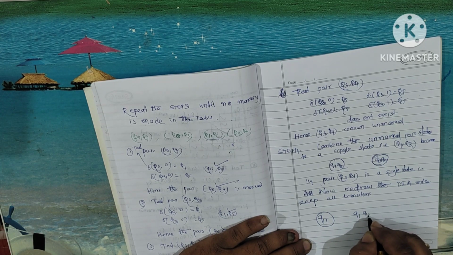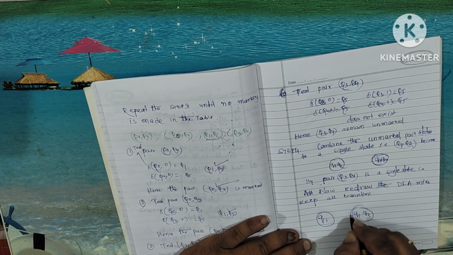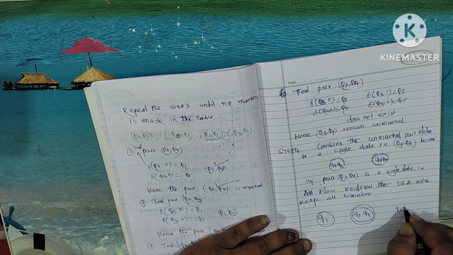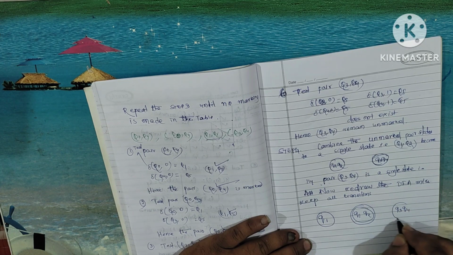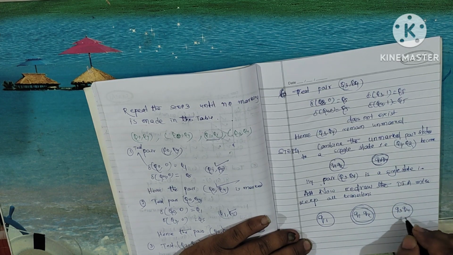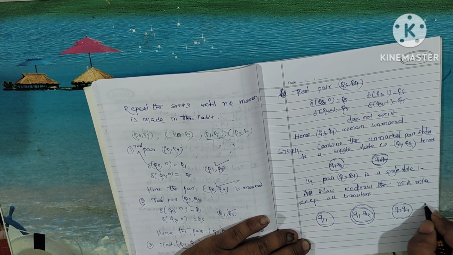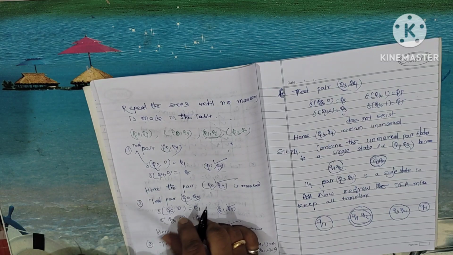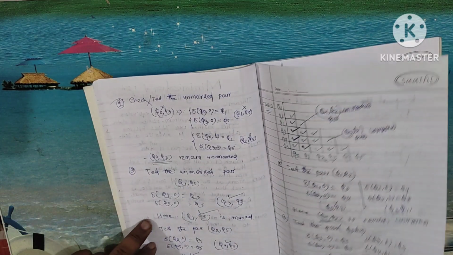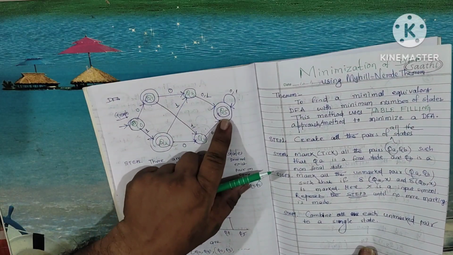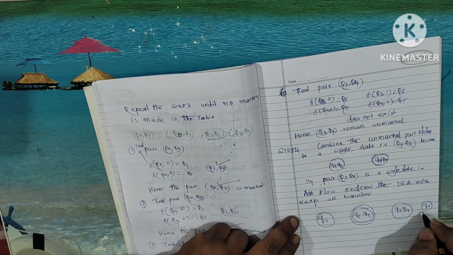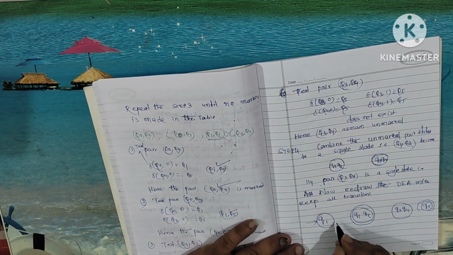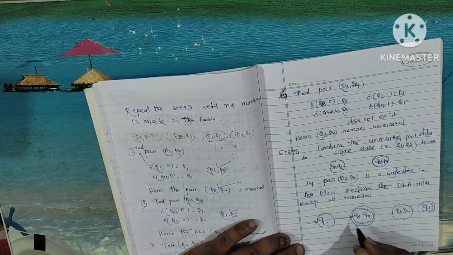Q1, Q2 both were final states, so let it be a final state. Q3, Q4 is a single state as both are non-final states, so it became a non-final state. Q5 is a final state in this machine, so keep it as it is. This is the initial state, so make the transition as it is there.